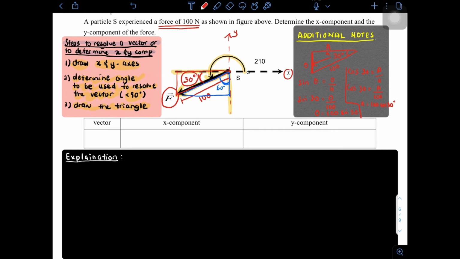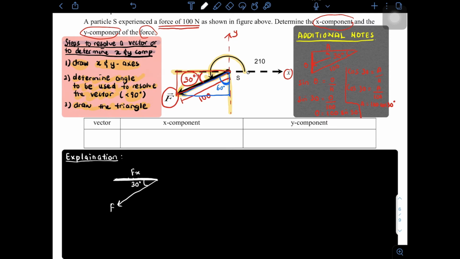What you want to find in this question is the x component and y component of the force. So where is the force? Let's write it below here. The force is going this way, and we have this as your angle. The x component of the force is here, because this is the quadrant where the force is, on the x axis, so this is Fx.